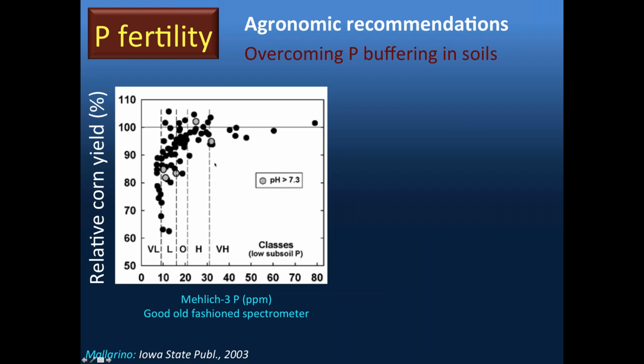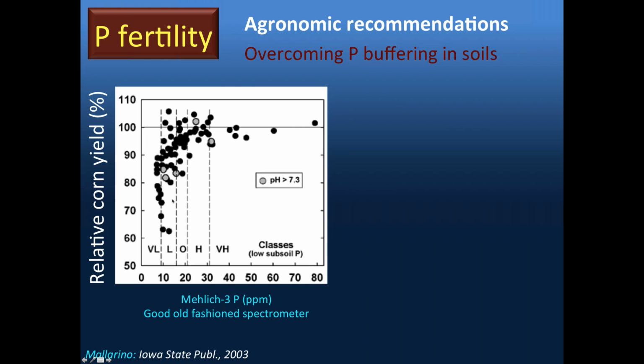You can also see that we're looking at clouds of data and then parsing out thresholds based upon this. This graph relates soil phosphorus, Mehlich-3 phosphorus, to the relative corn yield. From that graph, you can see various thresholds that take you from low phosphorus availability to optimal to high to very high.